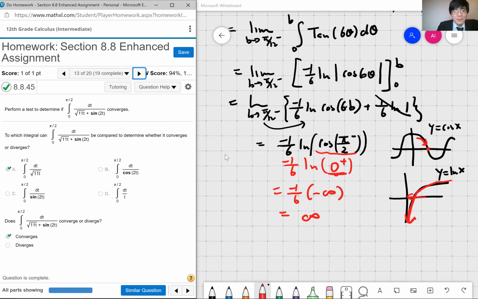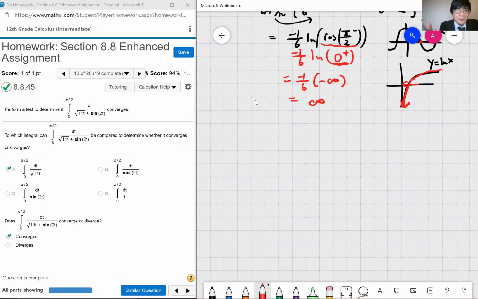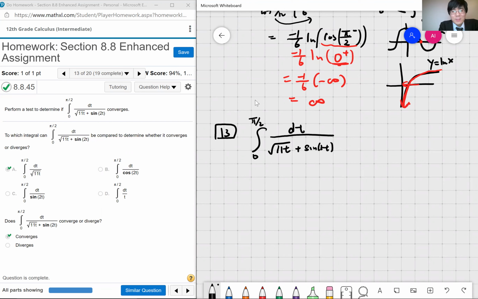Okay. Now, the next one is a very complicated expression. The square root of t and sine 2t are involved, and that's too complicated. So we are going to use a comparison test because this is too hard to integrate.